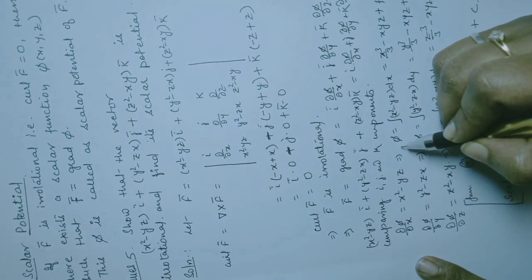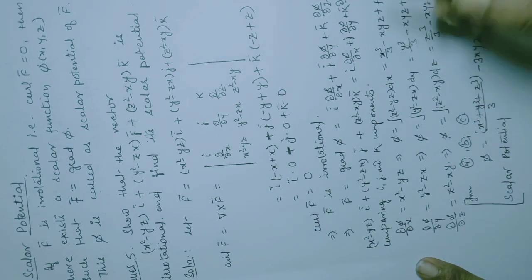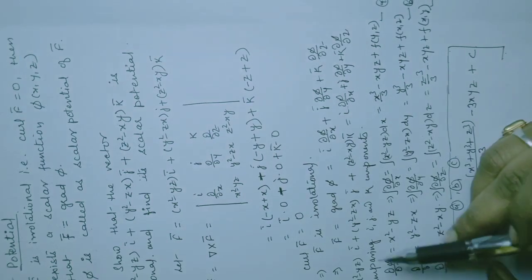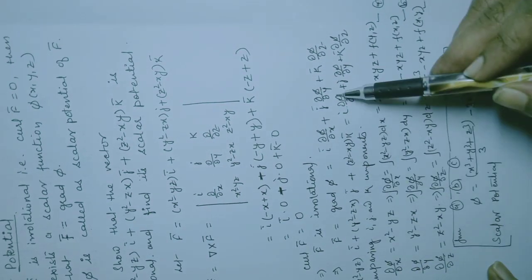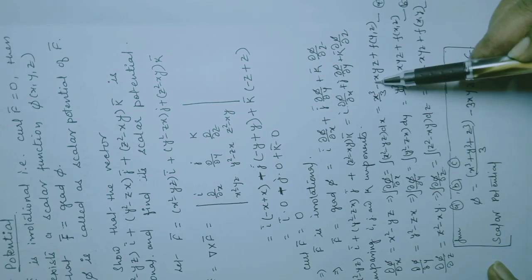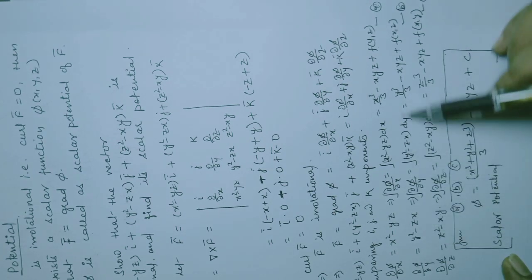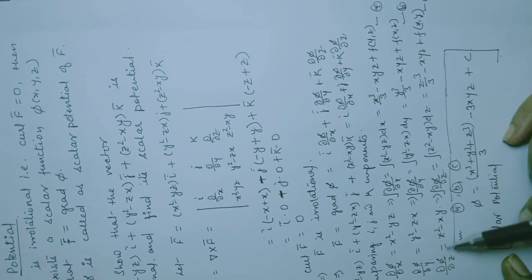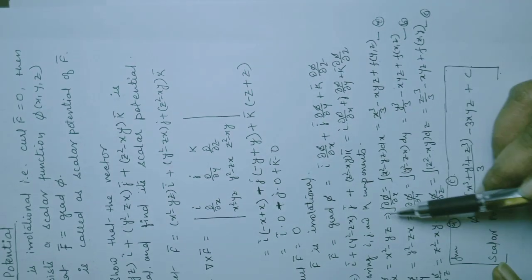Or for simplification, I can also write the integral of del phi by del x equal to this much. You got the value of del phi by del x from here, comparing the i, j, k components. This is del phi by del x, and this is the integral of del phi by del x, which is A. This is del phi by del y, and this is its integral. This is del phi by del z, and this is its integral.